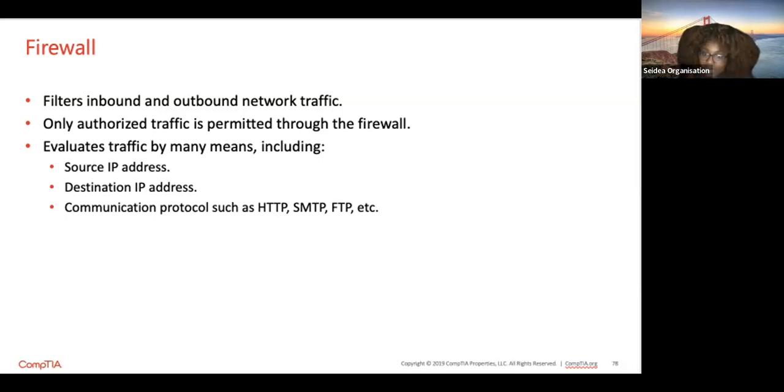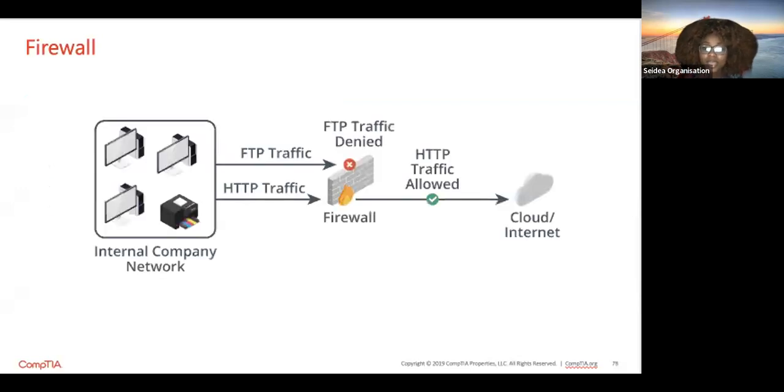The second thing is that it creates a criteria for evaluation. So what is the criteria? It looks at the source and destination of the IP address, and it also utilizes communication protocols as described, such as HTTP, which is web traffic, SMTP, which looks at email, and FTP, which looks at file transfer. It's just a good way to think about a firewall.